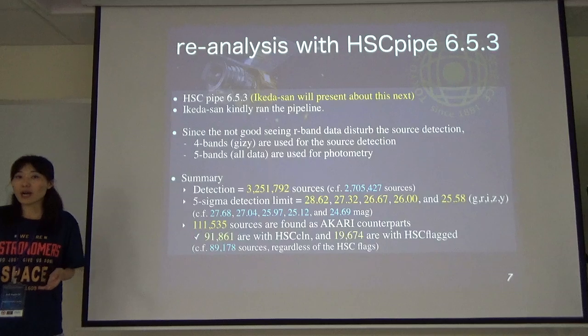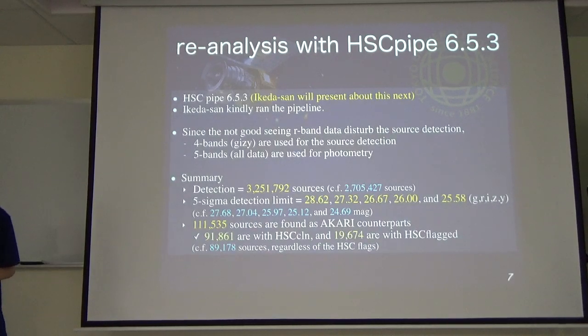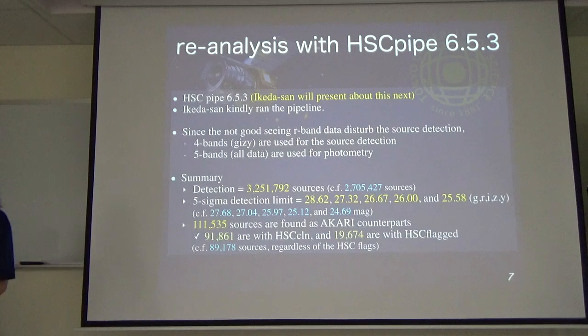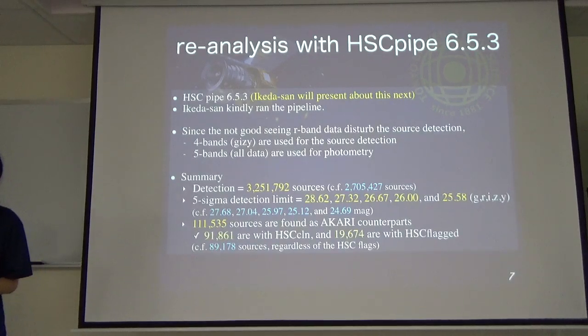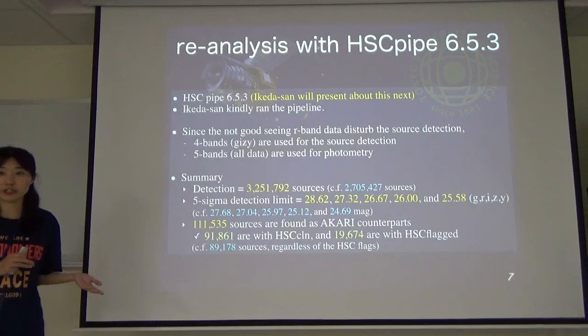The reason why we had to do the tricky analysis is that the not-so-good quality u-band data disturb the source detection, even when we use the newer version HSC pipeline. So we decided not to use the u-band for the source detection.